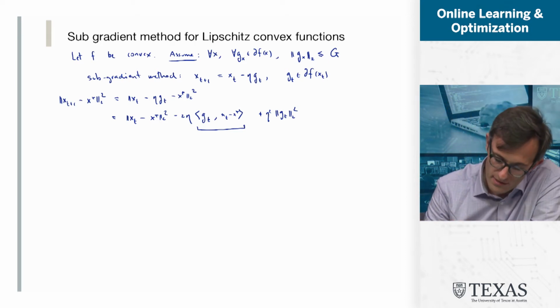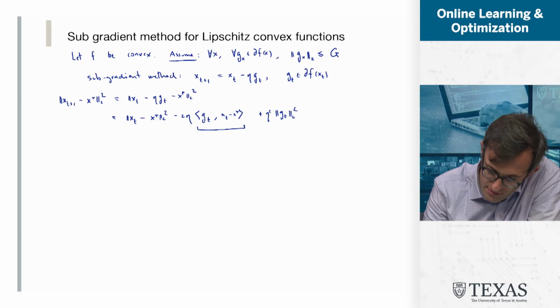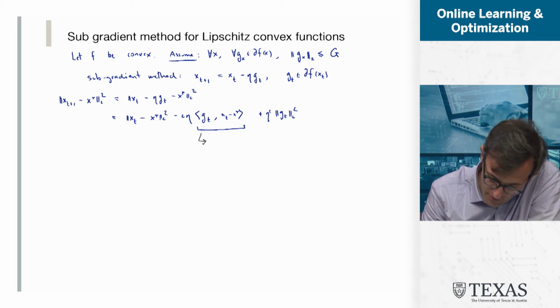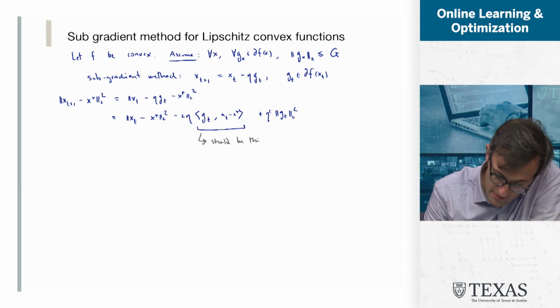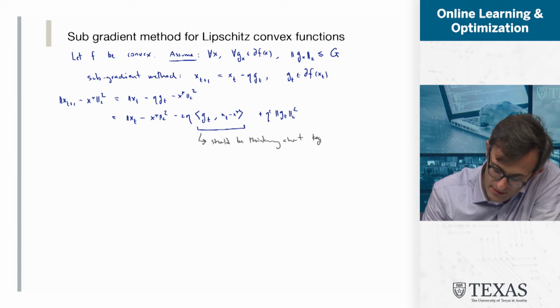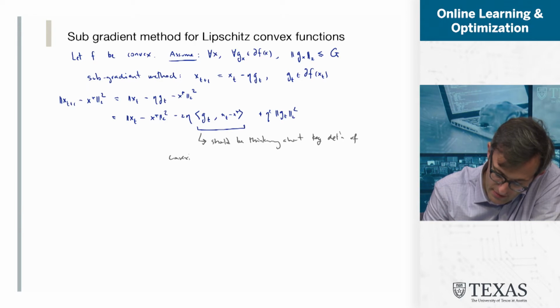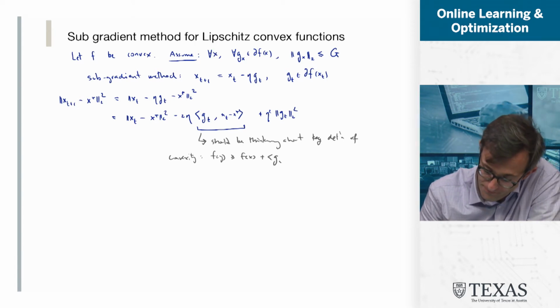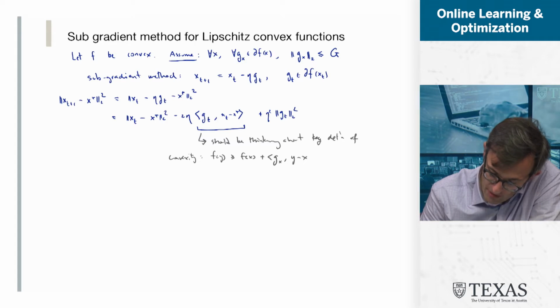So whenever you see this, you should immediately be thinking about the key definition of convexity, namely f of y is greater than or equal to f of x plus the gradient or subgradient times y minus x.